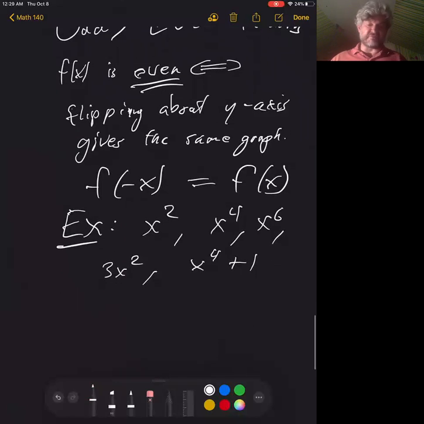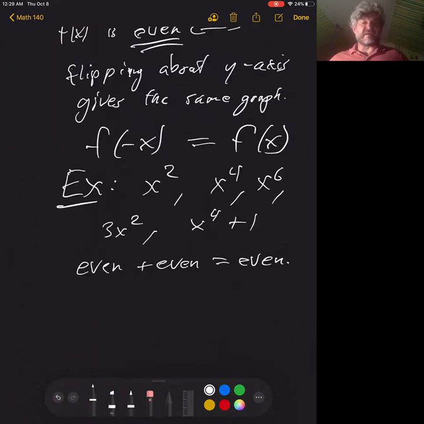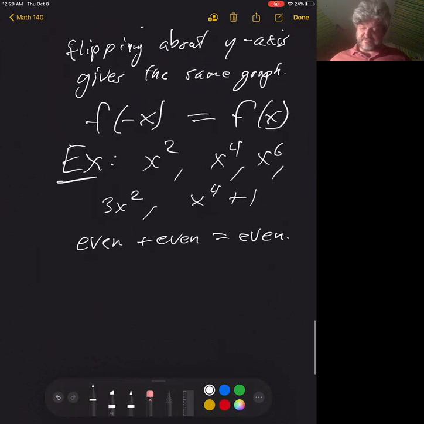You can add, well, two even functions together, and you get another even function. And the graph, in other words, has mirror symmetry, with the mirror axis being the y-axis.